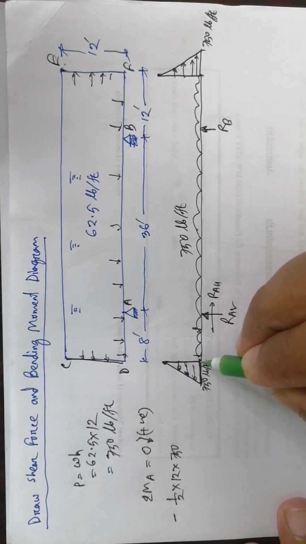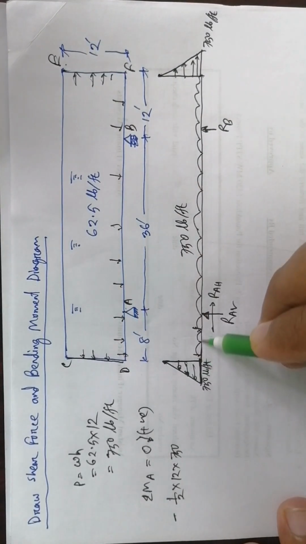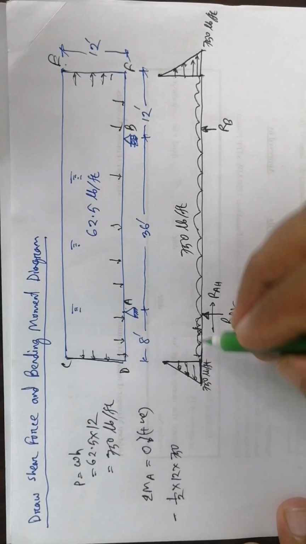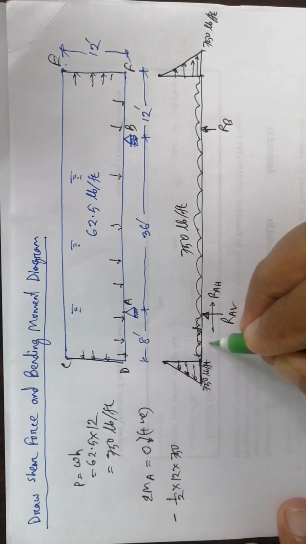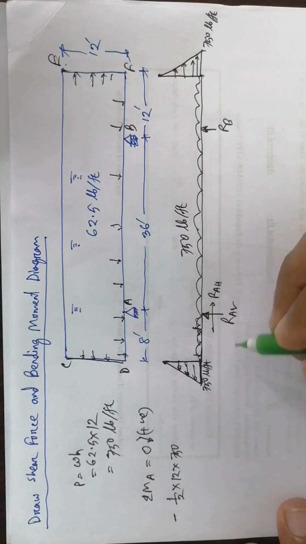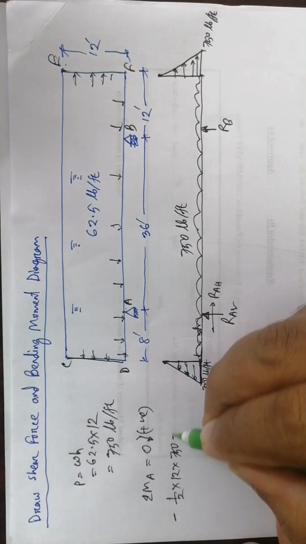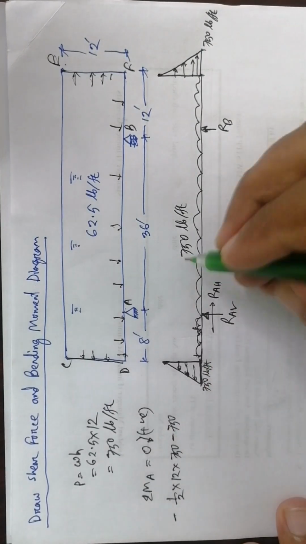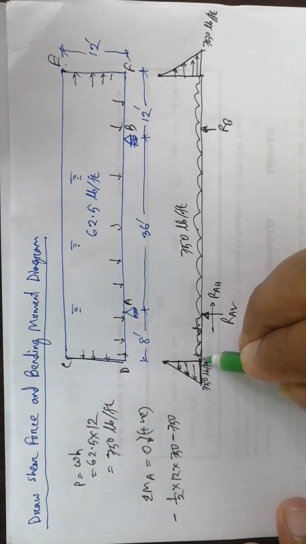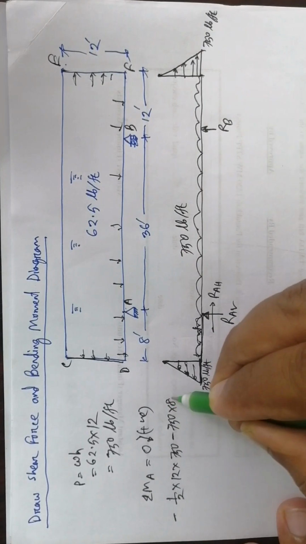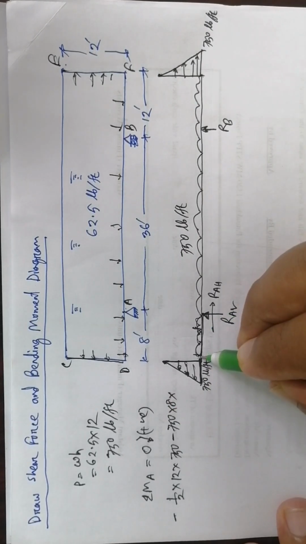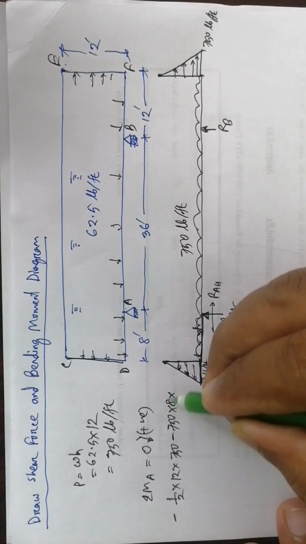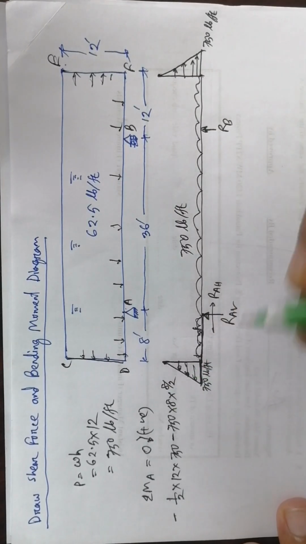Now for the DA section, that means this section, this is a distributed force, but this is acting in the bottom direction, so this is also anti-clockwise. So it is minus 750, this distance 8, and this is acting at the middle of this 8 feet, so 8 divided by 2.